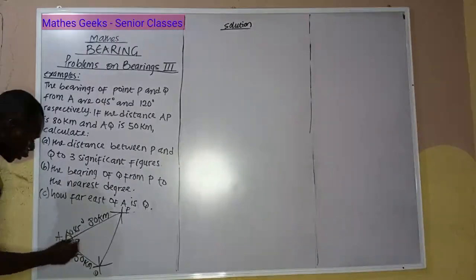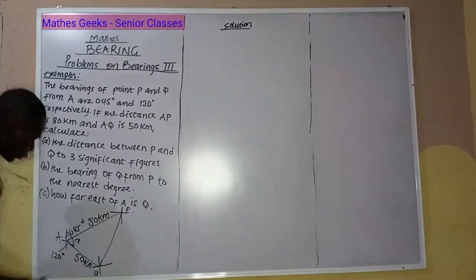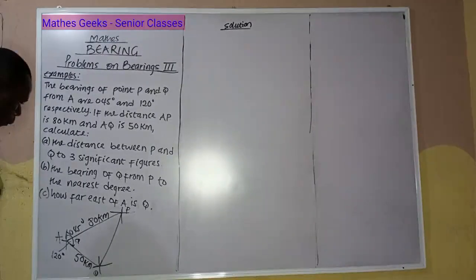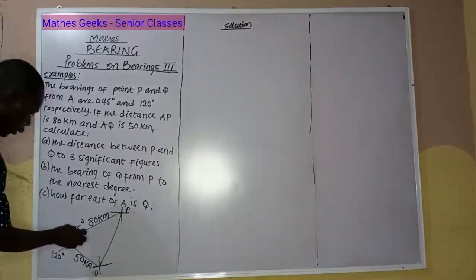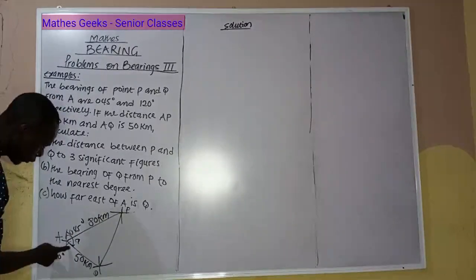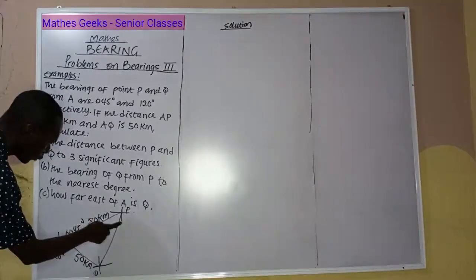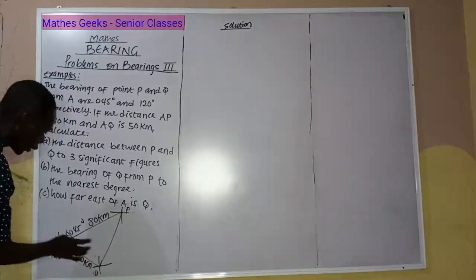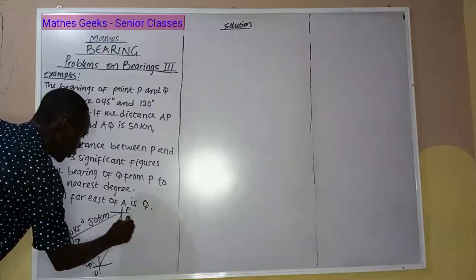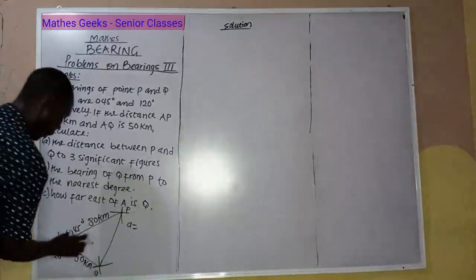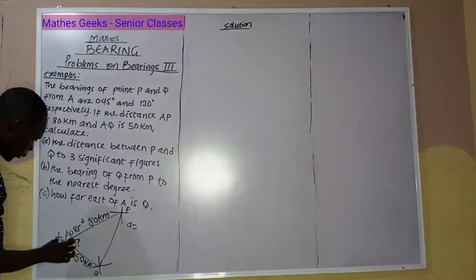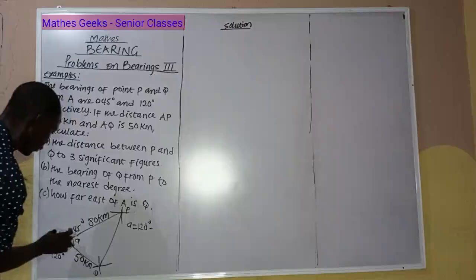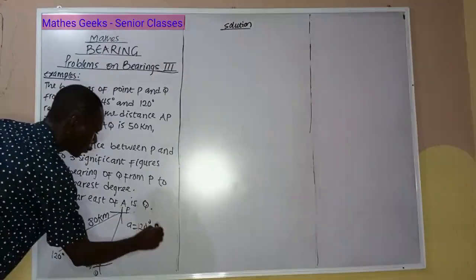So let's call this angle A, and let's see if we can get any other angle. What about here? We're not given any information, so we cannot get here for now. So okay, let's work with A. Angle A is equal to 120 degrees minus 45 degrees.